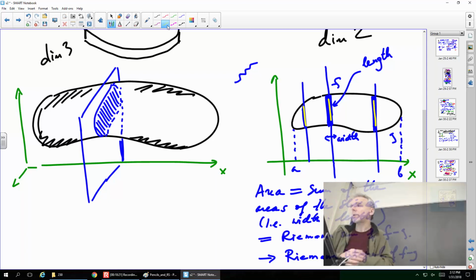So that understanding we want to bring to our three-dimensional case, and think by analogy. Instead of pencils, think coins.